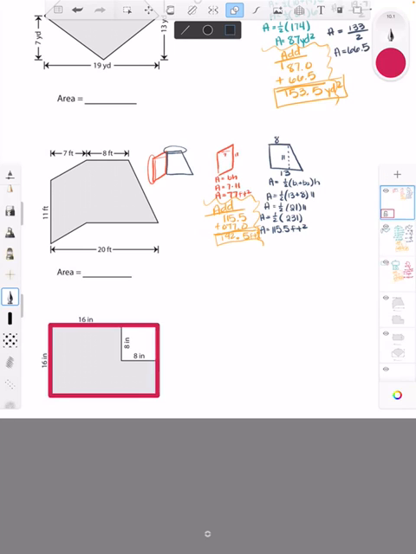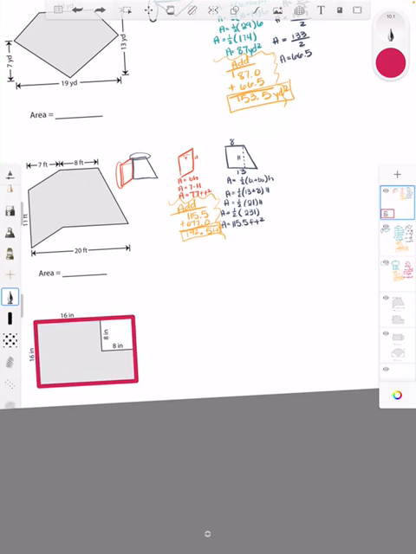On this whole figure, I know that my base is going to be 16 and my height is also going to be 16. So I'm just going to multiply 16 times 16. So we're going to find the area of this one large figure. Area is equal to base times height, and we're going to do 16 times 16.